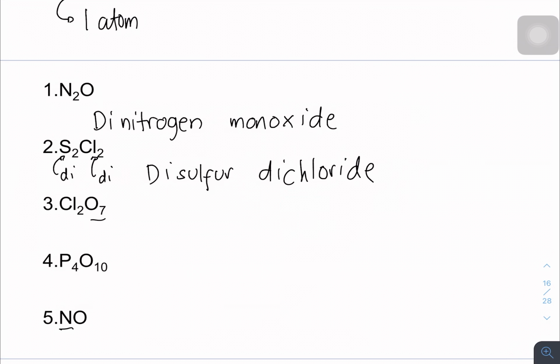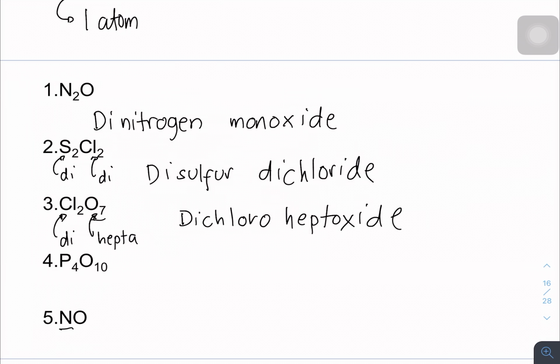Next one, Cl2O7. There are 2 atoms of chlorine, so we use di. For oxygen, there are 7, so we use hepta. So that will be dichlorine heptoxide. Next, P4O10. That will be tetra for P4, and for oxygen, which is 10, we need to use deca.